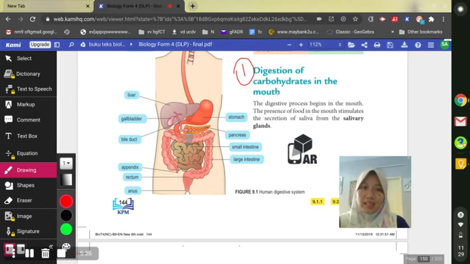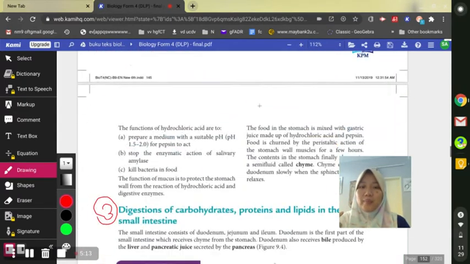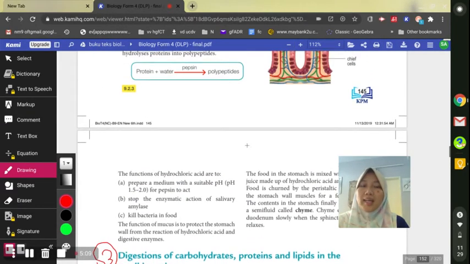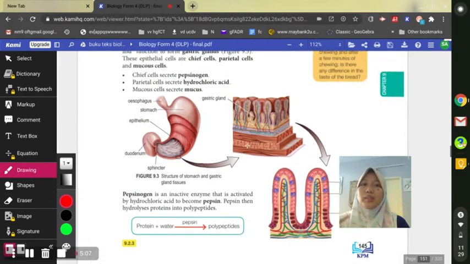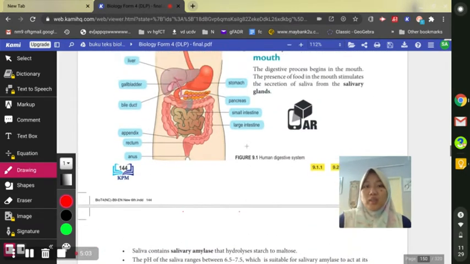As you can see, carbohydrate undergoes two times of digestion. First, it happens in the mouth. Second, it happens in the small intestine. Why does that happen? Why does carbohydrate need to be digested two times in the digestive system?